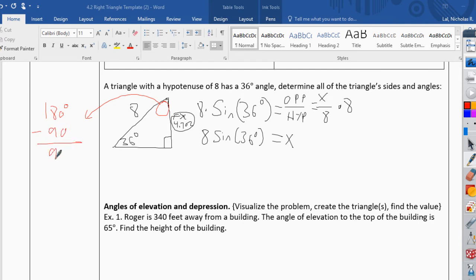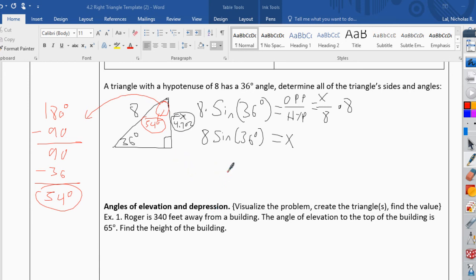So that's 90, and then we can take away 36. 54 degrees. So that angle is 54 degrees, and we have 4.702.